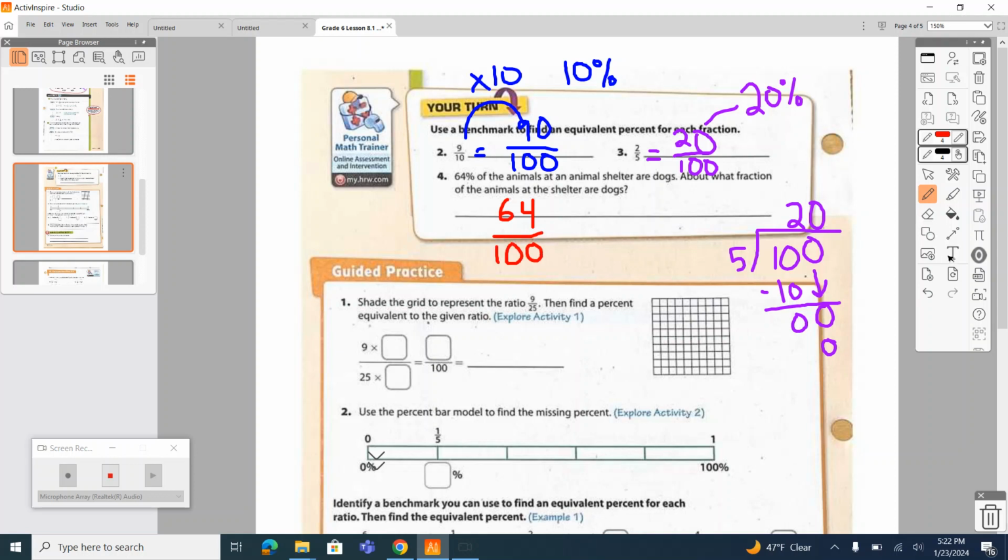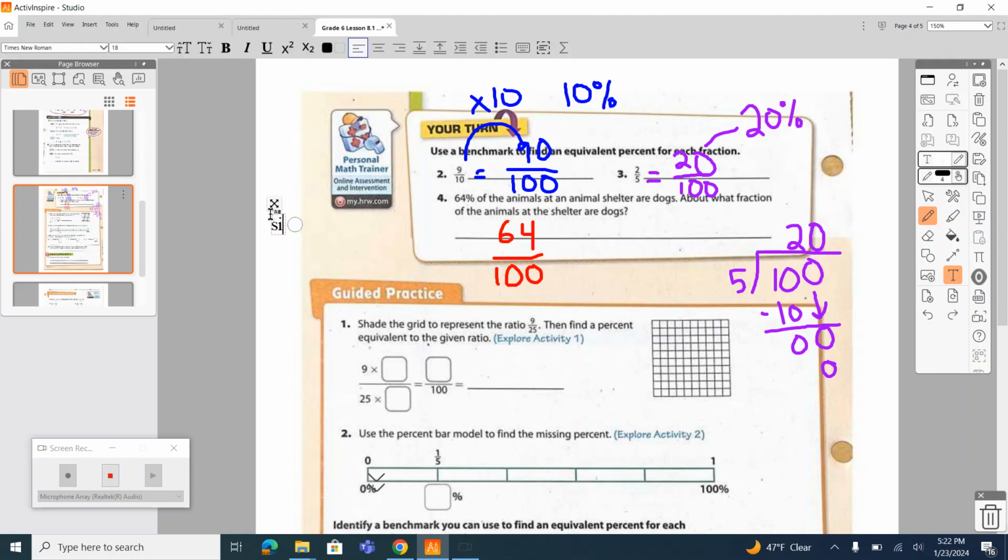If I needed to simplify or reduce, we need to find a number that divides evenly, and evenly means no remainder. Okay, so you want to find a factor or number that divides evenly or no remainder into both numerator, that's the number on the top, and denominator.